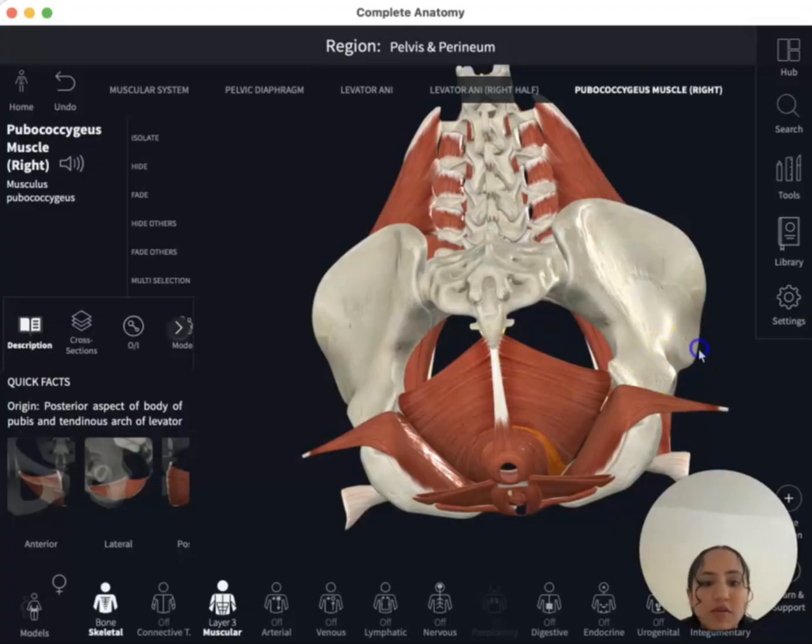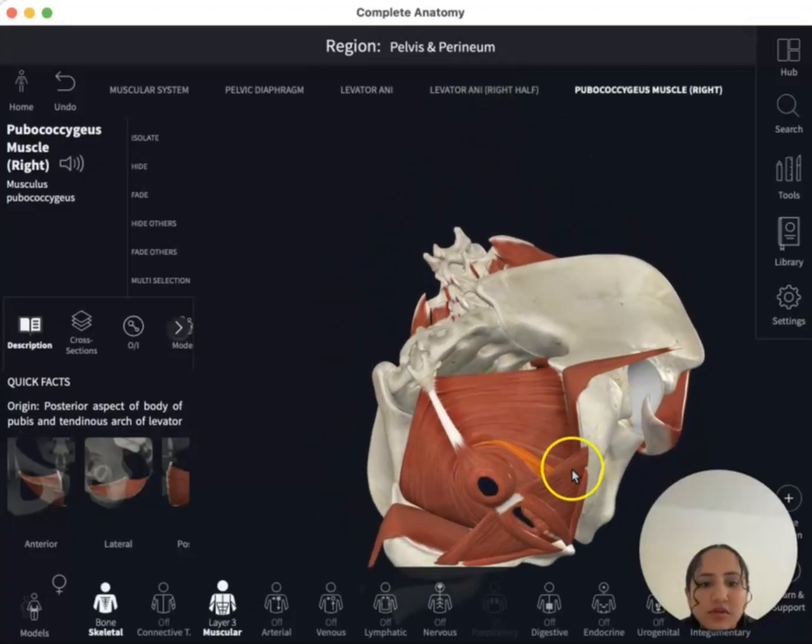The muscle fiber direction is posteriorly downward. So it goes posterior and then down right there, and then medially too, since it's going towards the midline. The action for this is that it provides structural support and then urinary and fecal continence.